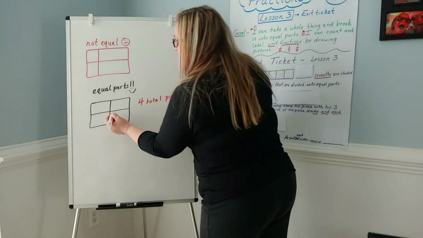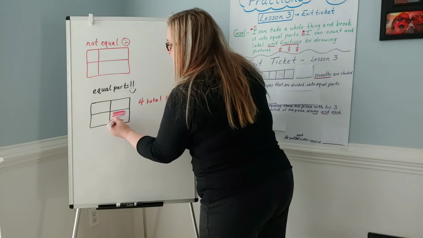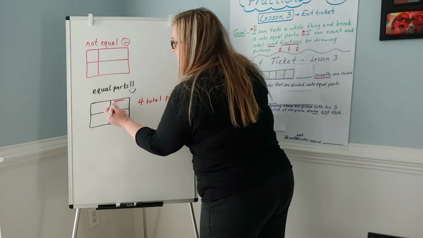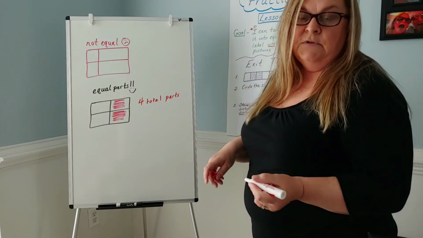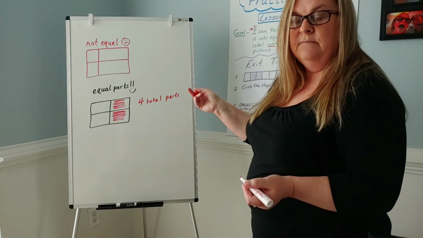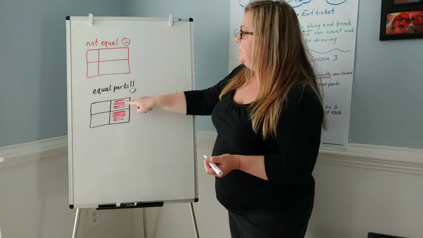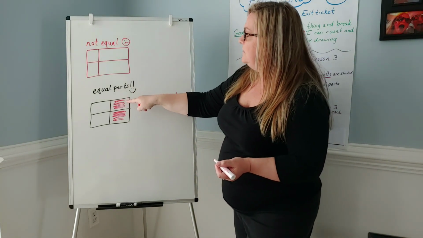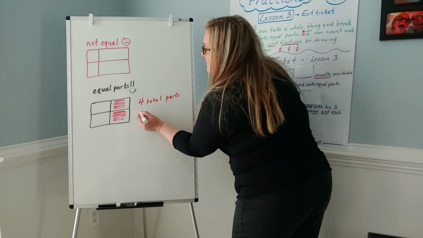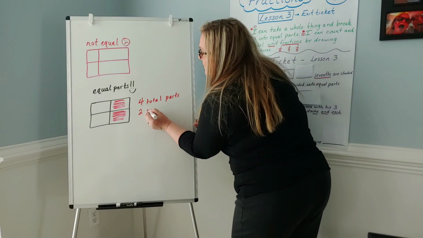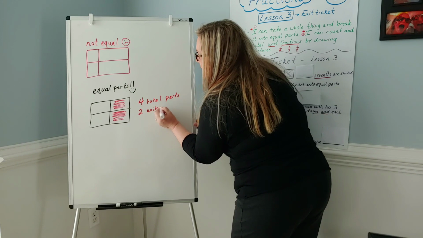And let's just say Mrs. Bergotti shades this one, and I shade this one. Okay, so how many units are shaded? So this piece is a unit, so we say 1 is shaded, 2 are shaded. So we say 2 units or parts are shaded.